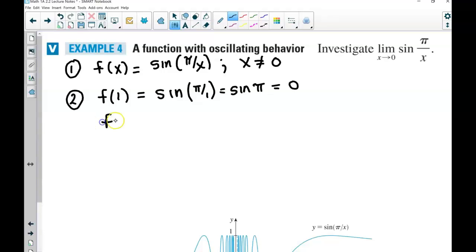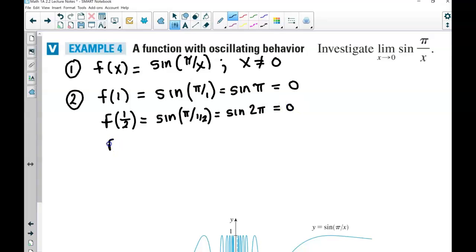If we take f of 1/2, so that would be the sine of pi divided by 1/2, which is the same thing as sine of 2 pi, which again is going to give you 0.